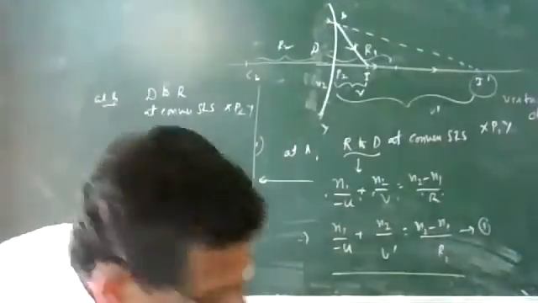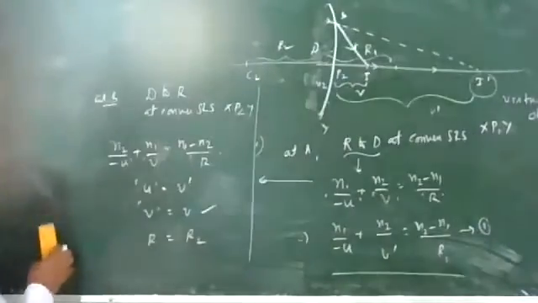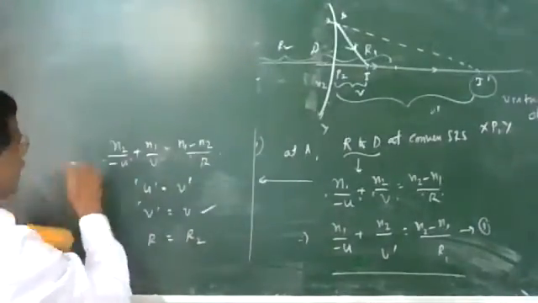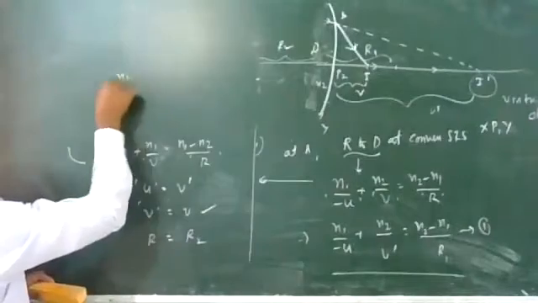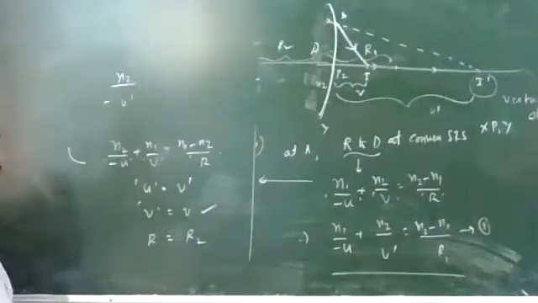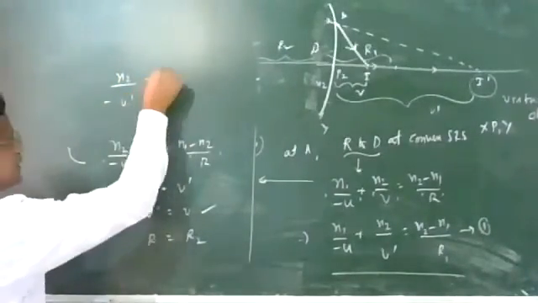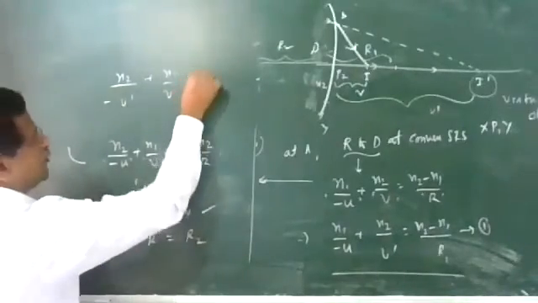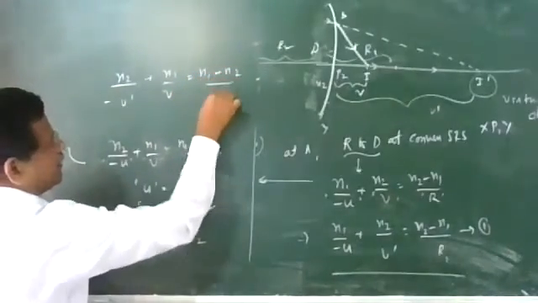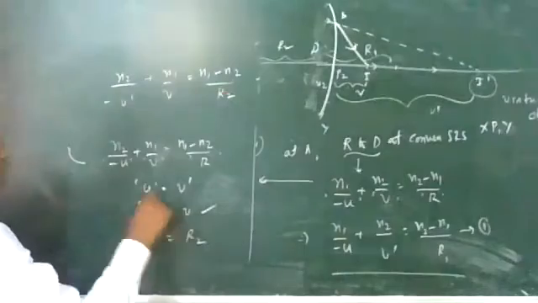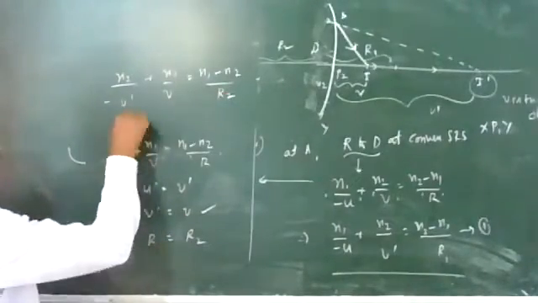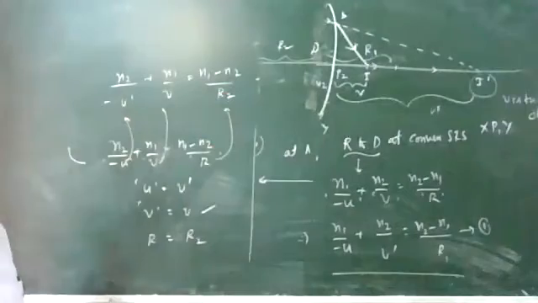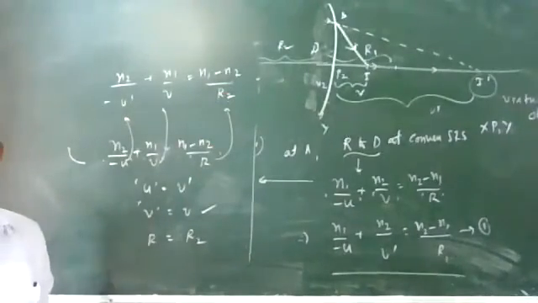So the next equation will be n2 divided by minus v dash plus n1 upon v itself is equal to n1 minus n2 divided by R2. So u is replaced by v dash, v stays v, r is replaced by R2, nothing else, no signs to be included again.